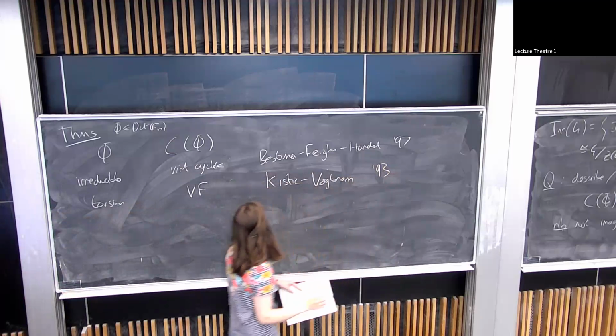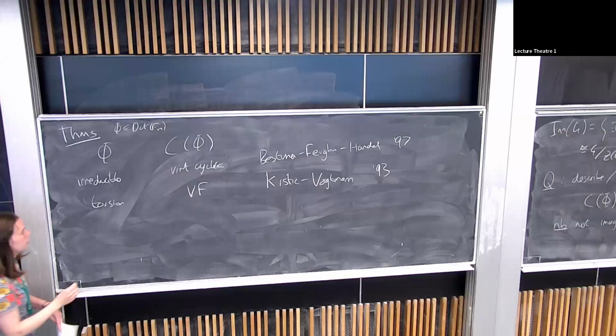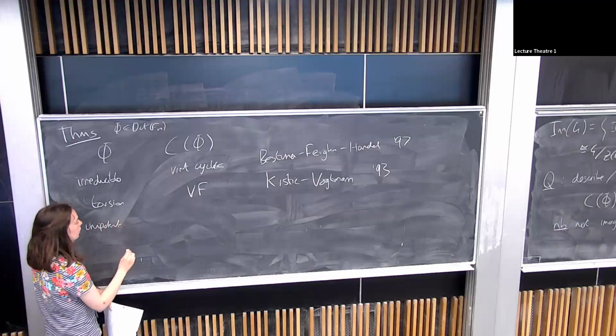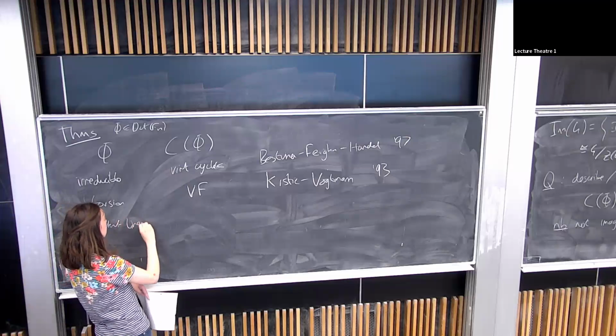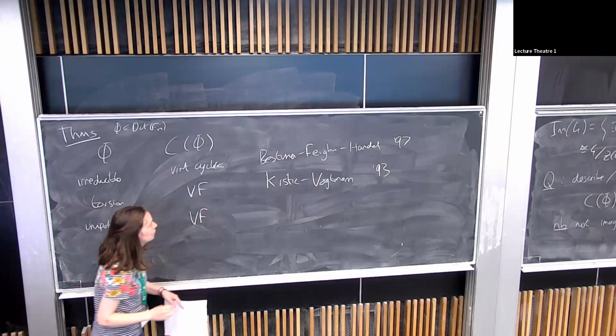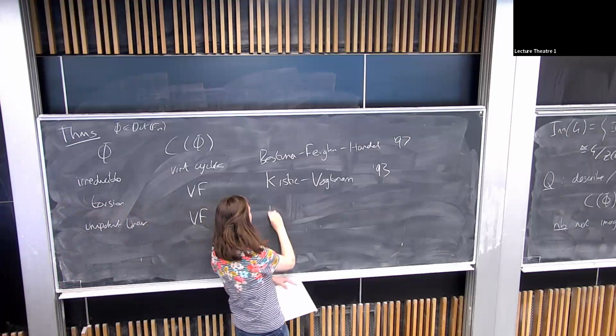If you are unipotent and linear, so many adjectives, I'm very sorry, the same conclusion: you're virtually finite type. Different people.